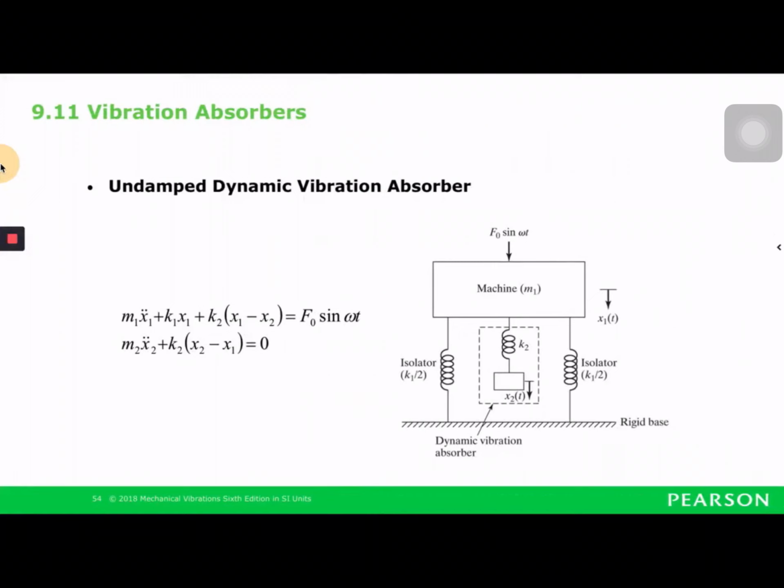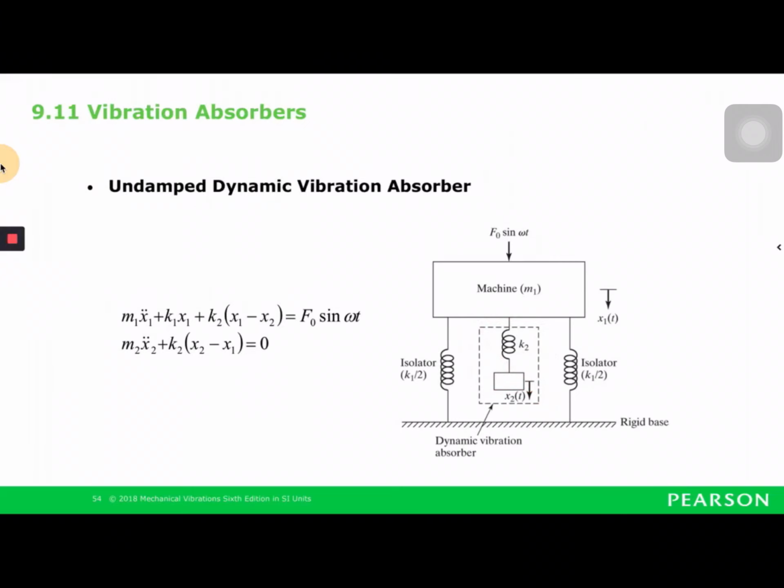Okay, so here is an example of an undamped dynamic vibration absorber. There is also a damped dynamic vibration absorber, but we will not talk about that in this course, because that one is a bit more complicated. If you remember, the existing system has only isolators, so this part down here doesn't exist, right?